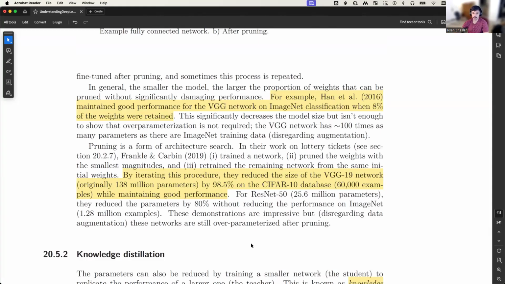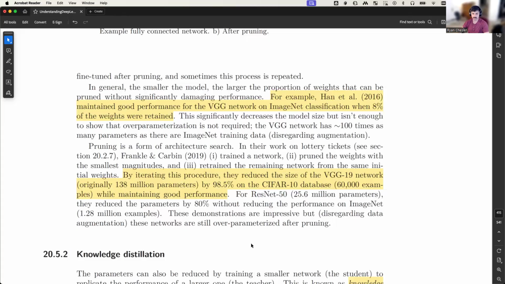For example, they were able to take the VGG vision network and they were able to eliminate all of the very low intensity weights and reduce that to only 8% of the weights remaining. And they still got decent performance. And you can go even further than that if you are okay with a little bit of performance loss.